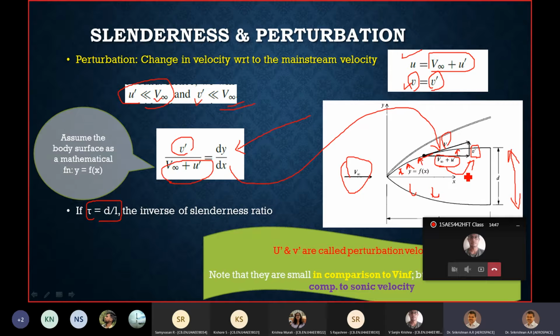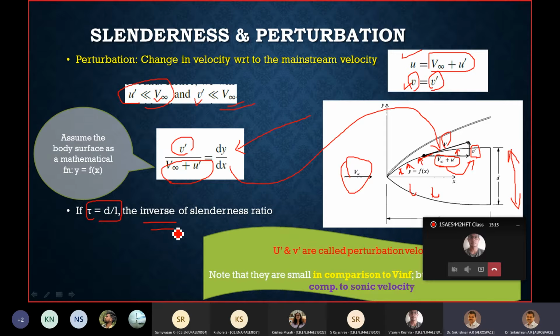L divided by D. Now tau is defined as D by L, so it is the inverse of slenderness ratio. So the geometry parameter that we are going to consider is the non-dimensional parameter D by L, which is the inverse of slenderness ratio.